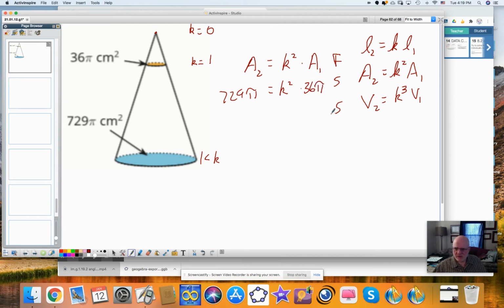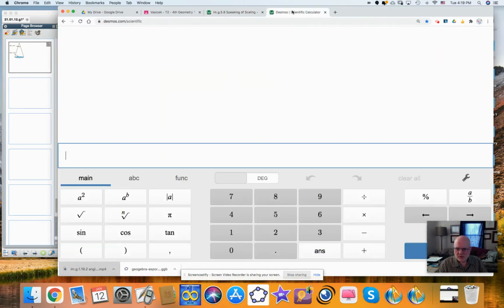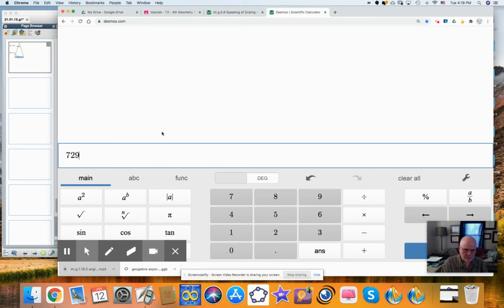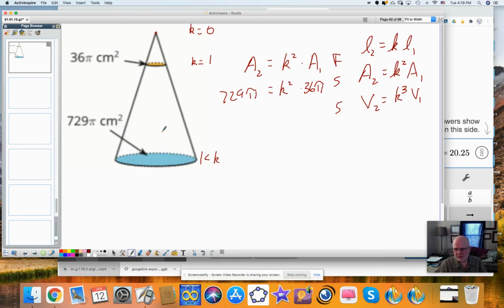And when I solve this, I'll divide both sides by 36 pi. So if I do this on my screen here, 729 divided by 36. And if I put pi in there, pi is divided by pi, I get 20.25. So K squared is equal to 20.25. And now to find K, I'm going to do the inverse operation. I'll do the same thing to the left side as I do to the right.